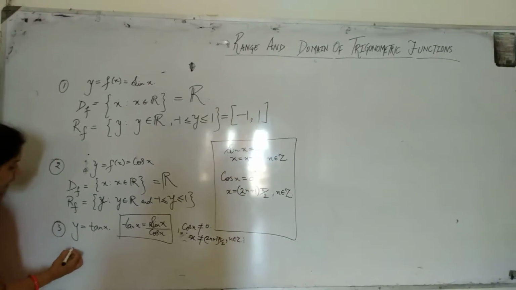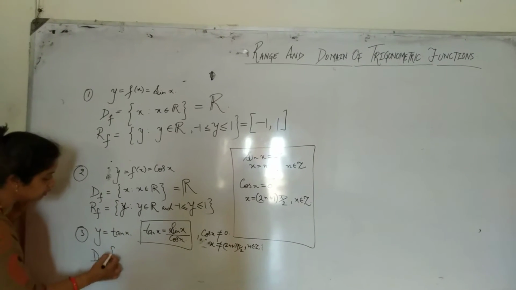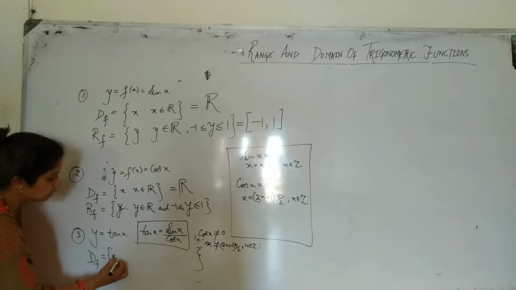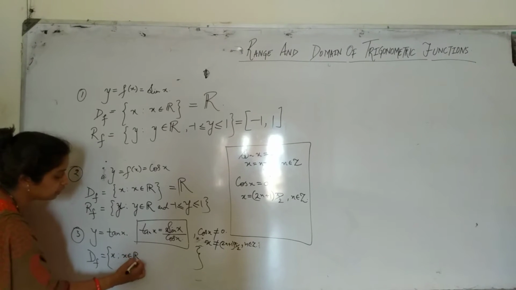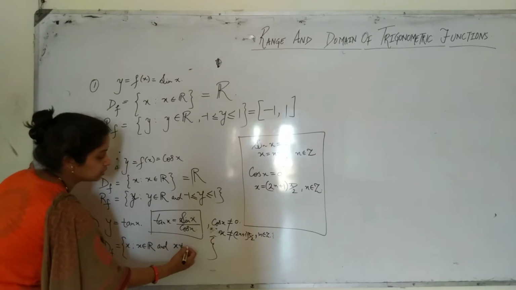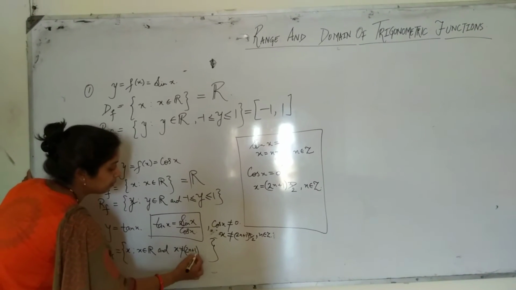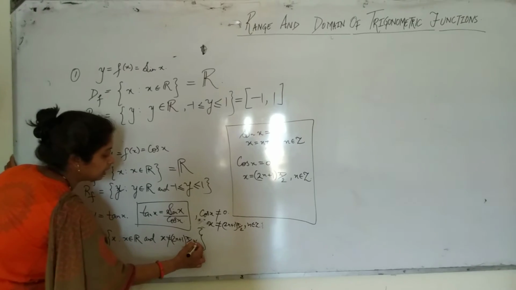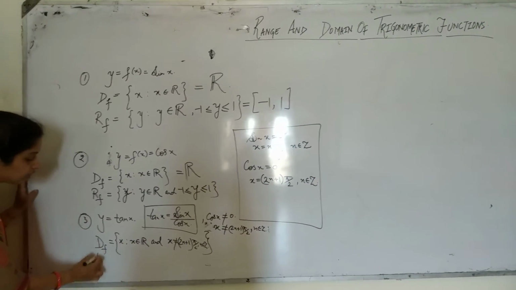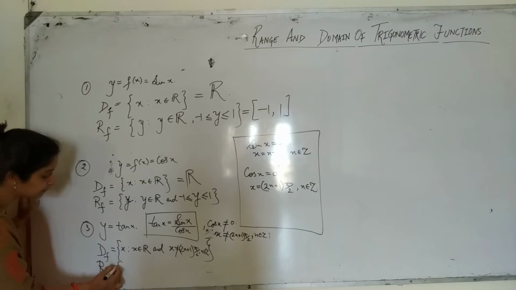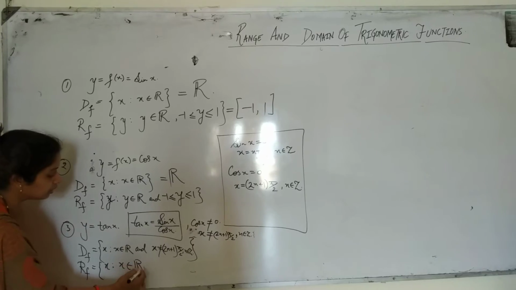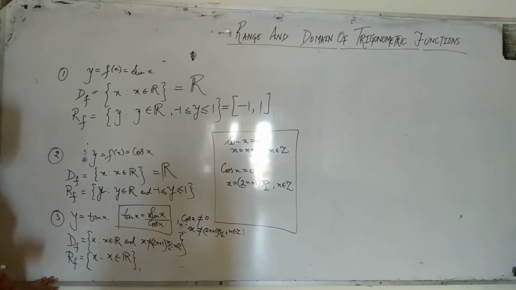So the domain of this function is x such that x belongs to the set of real numbers and x is not equal to (2n+1) pi by 2, where n is an integer. This is the domain of tan x. Now the range of this function is the set of all real numbers, R.